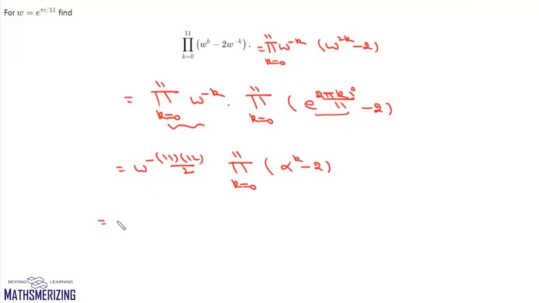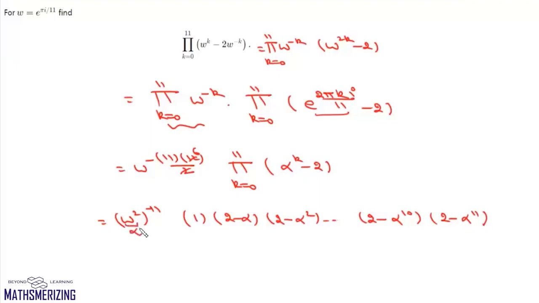Now we can write this as omega square to the power minus 11, and here we can write this as 1 into 2 minus alpha square, 2 minus alpha to the power 10, and 2 minus alpha to the power 11.